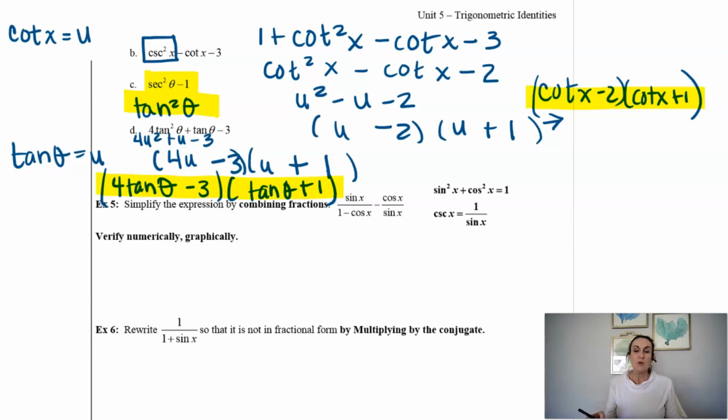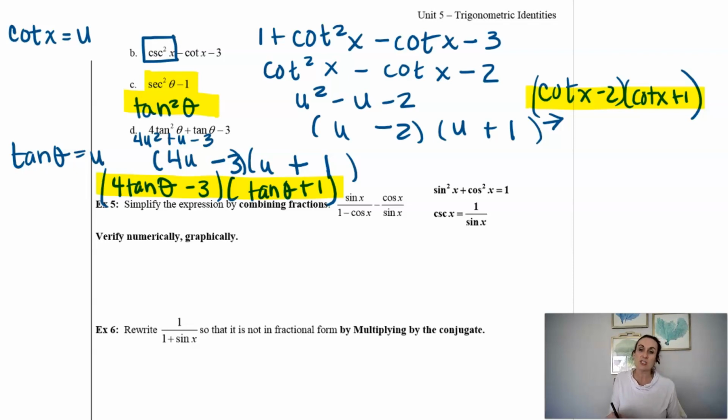Example 5, we have sine x over 1 minus cosine x, subtract cosine x over sine x. And so looking at example 5, the first thing we're going to do is we want to get common denominators. So just like you would with regular fractions, this first fraction, you would multiply the top and bottom by sine x.